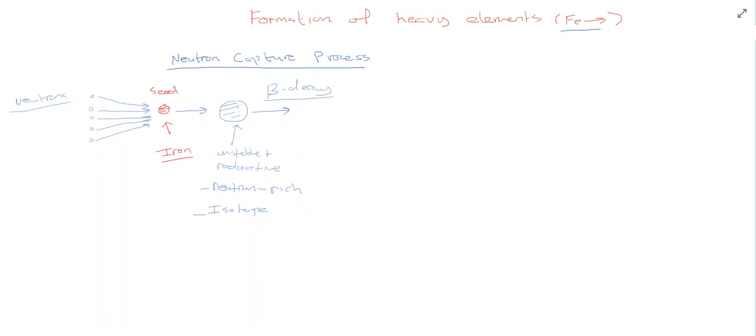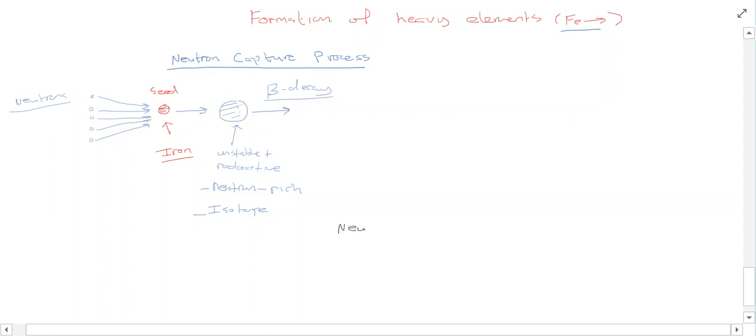So what happens in beta decay is that neutrons are converted into protons. And what also happens is a high energy electron is emitted.